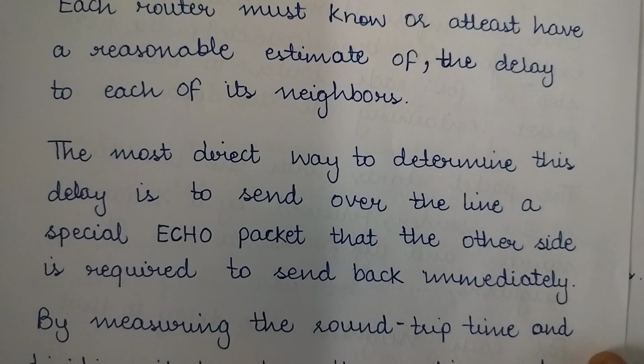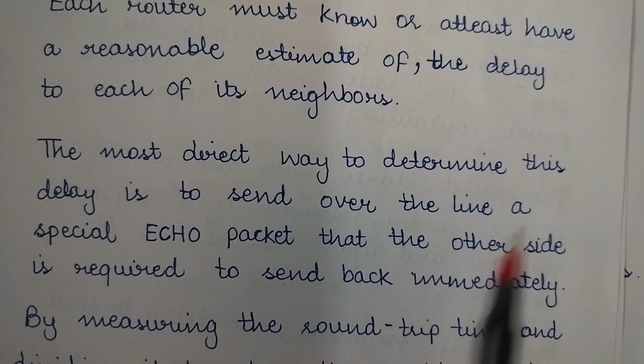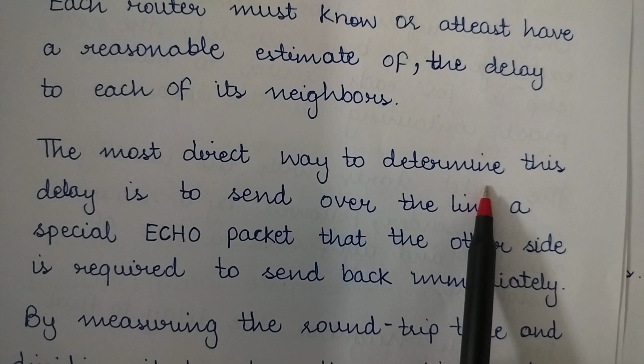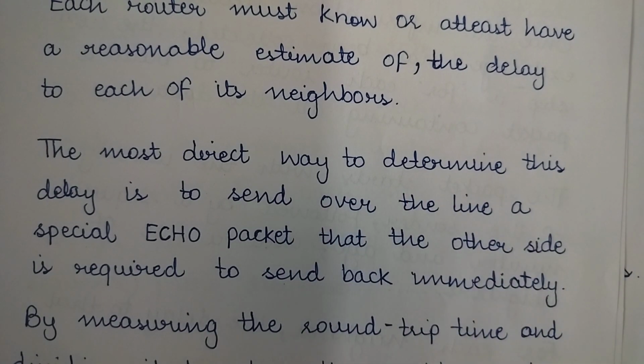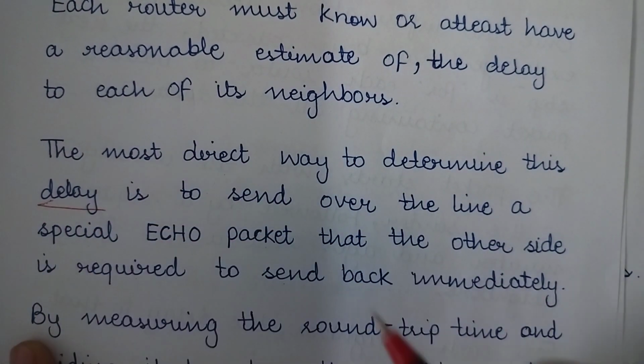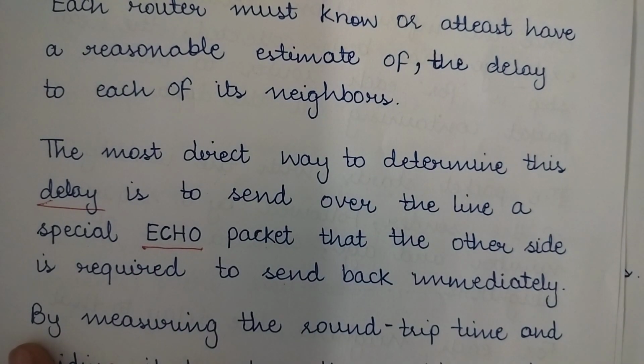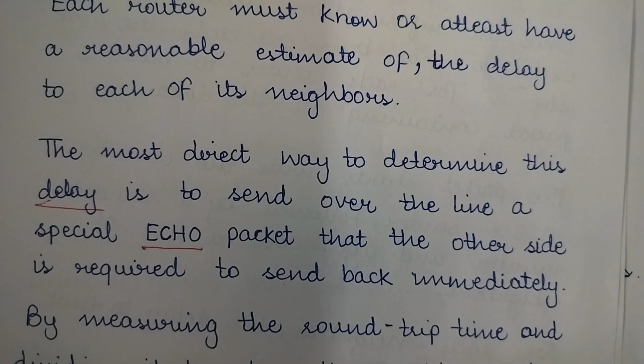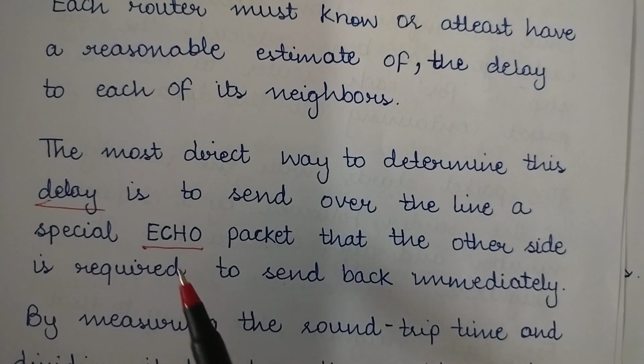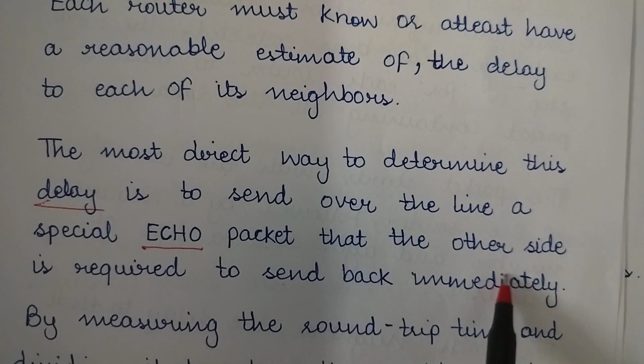Now the most direct way to determine this delay, how do you determine it? The most direct way is to send over the line a special echo packet. Just like to know about your neighboring routers you send a special hello packet, similarly, to find out the delay to reach every neighboring router, a special packet known as an echo packet is sent, which the other side is required to send back immediately.